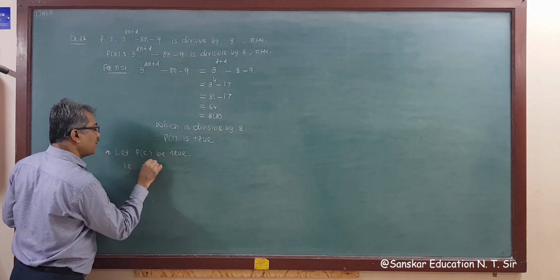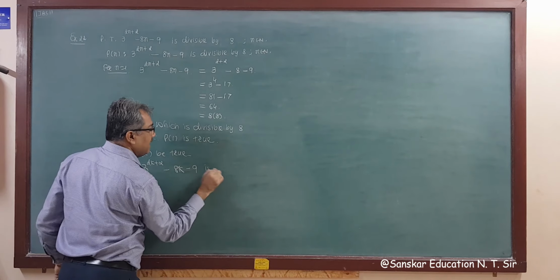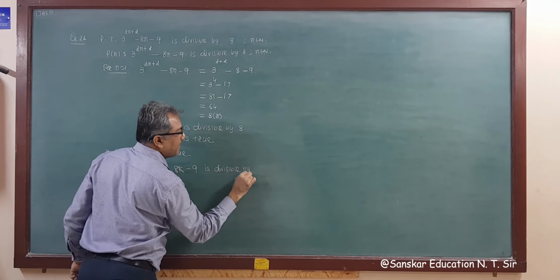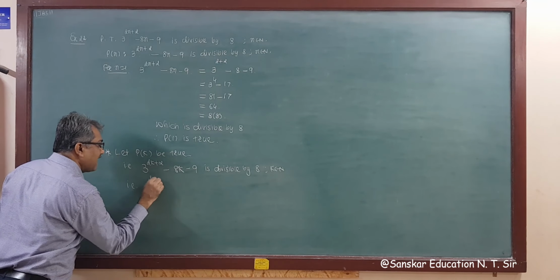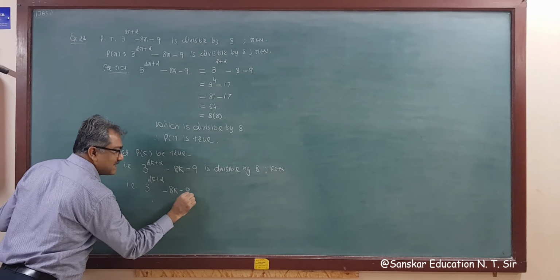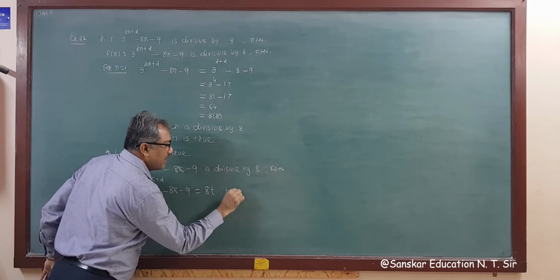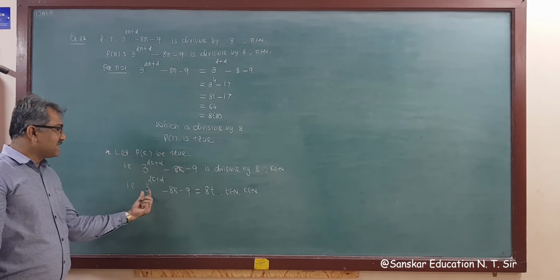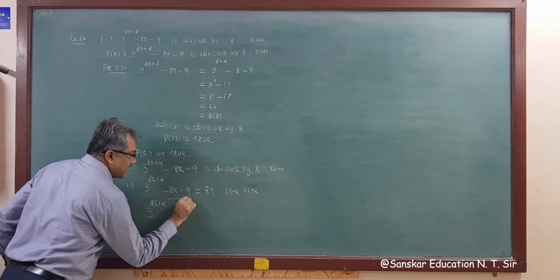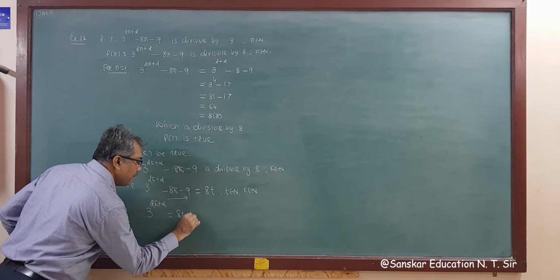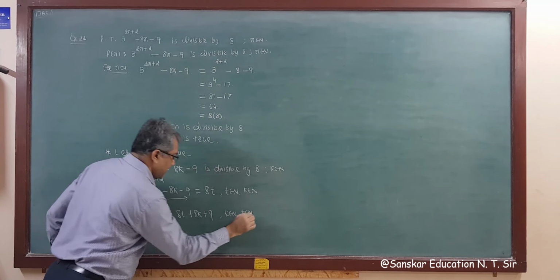So what do we get? 3 raised to twice k plus 2, right, minus 8k minus 9 is divisible by 8, k belongs to N, that is 3 raised to twice k plus 2 minus 8k minus 9 is equal to, this number is divisible by 8, so 8 into t, where t belongs to N and k belongs to N. So making the power the subject, 3 raised to power 2k plus 2 is equal to, taking this to the right hand side, 8t plus 8k plus 9, right? k belongs to N and t belongs to N.